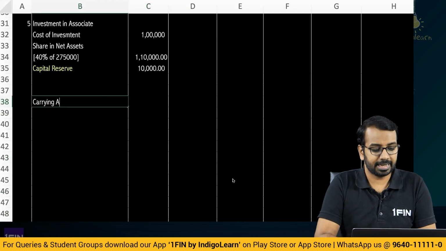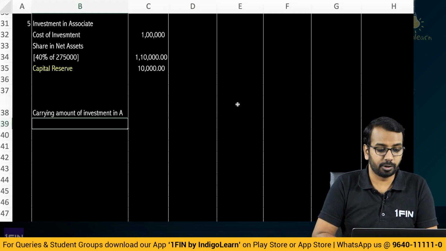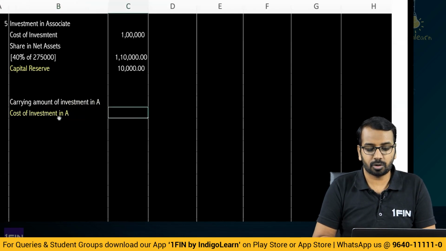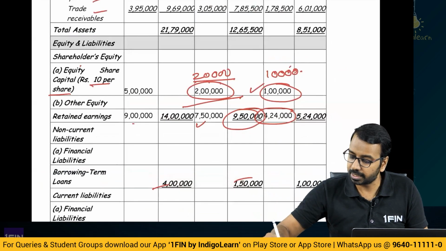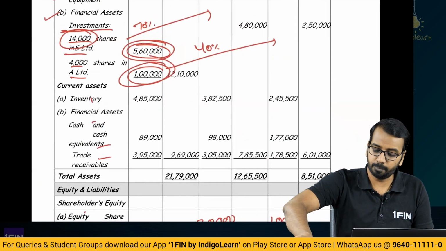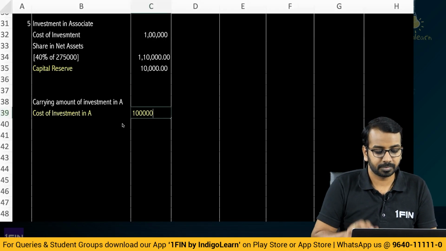Now, we have to see what is the carrying amount of investment in the A. Okay. Now, for this what do we do? We take cost of investment in A, and how much is the cost of investment in A? If we come back to the question, cost of investment in A is 1 lakh. Okay.